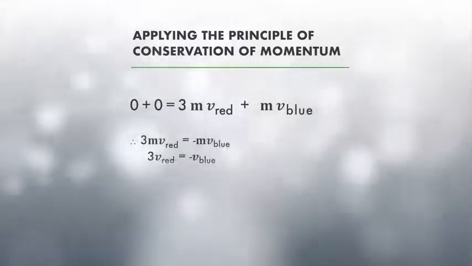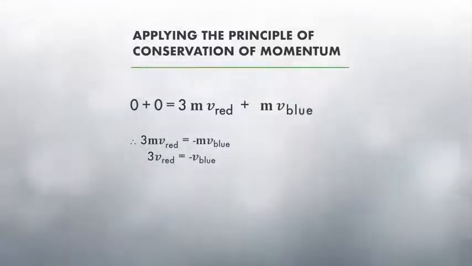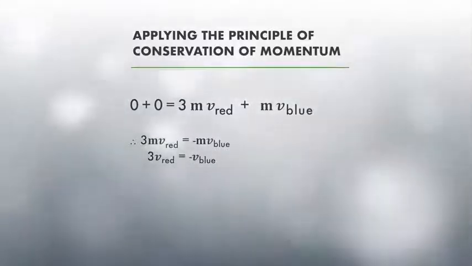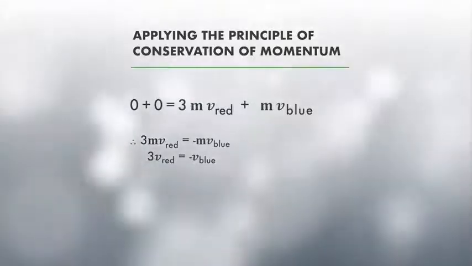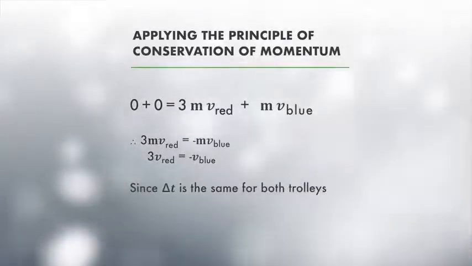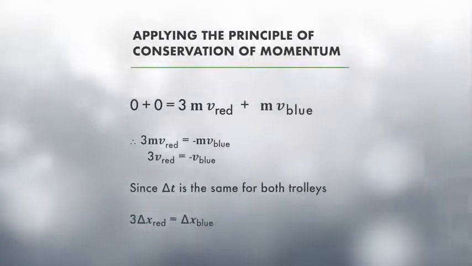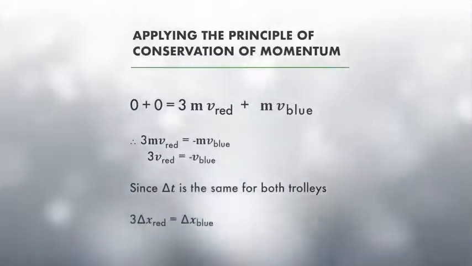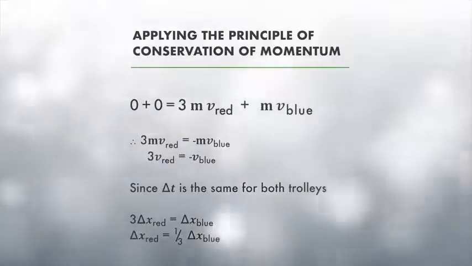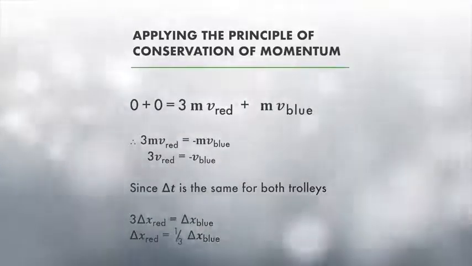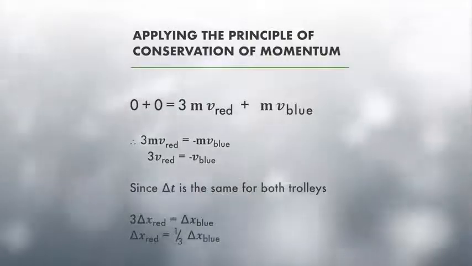Dividing through by the mass m, we get 3v_red equals minus v_blue. Delta t is the same for both trolleys. Therefore, 3 delta x_red is equal to delta x_blue. So, delta x_red is equal to 1/3 of delta x_blue.